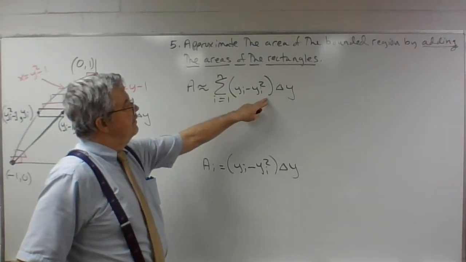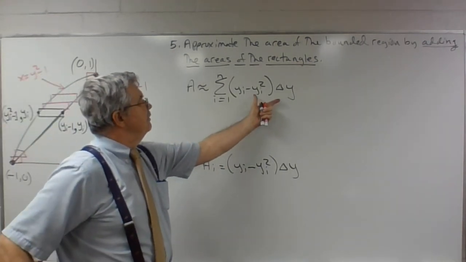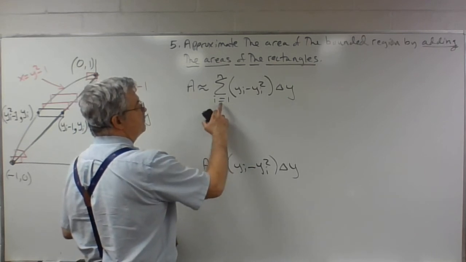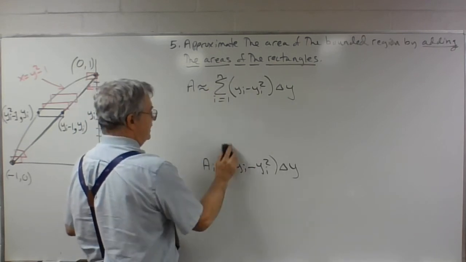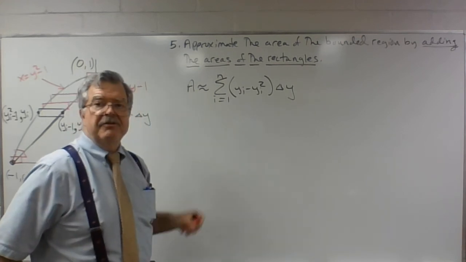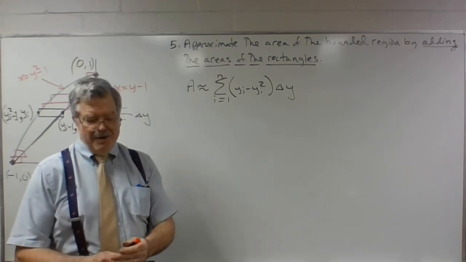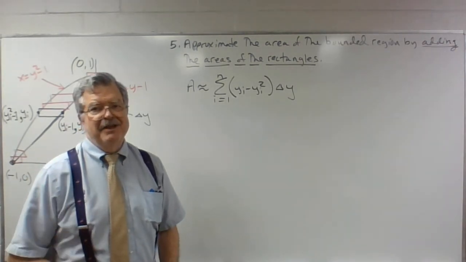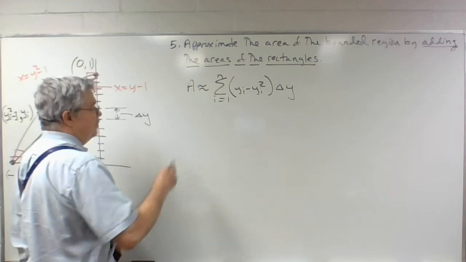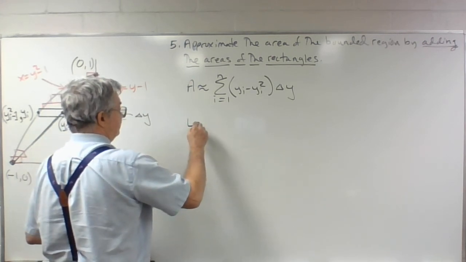And we add up the areas of the rectangles from i equals 1 to i equals n. And we get an approximation. What do we do to make that approximation exact? Let delta y go to 0.